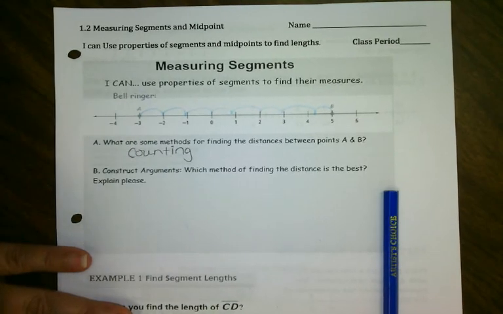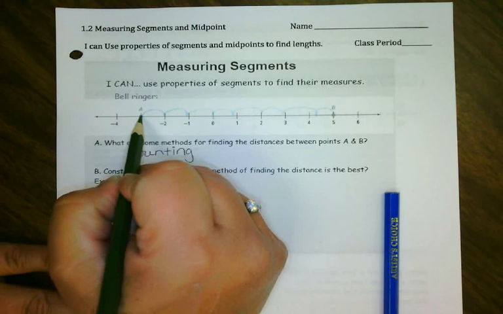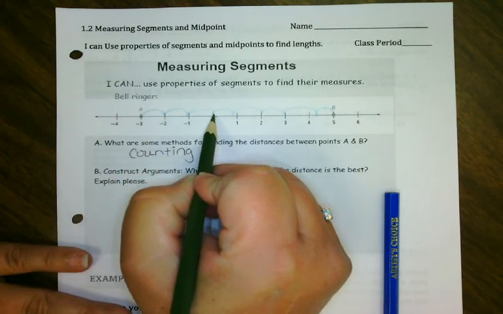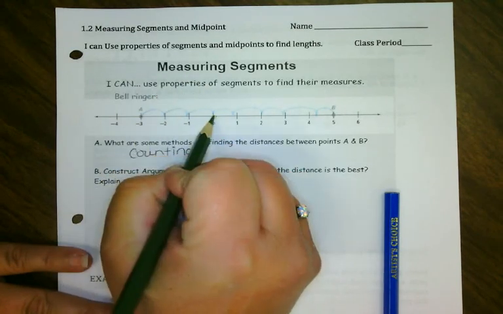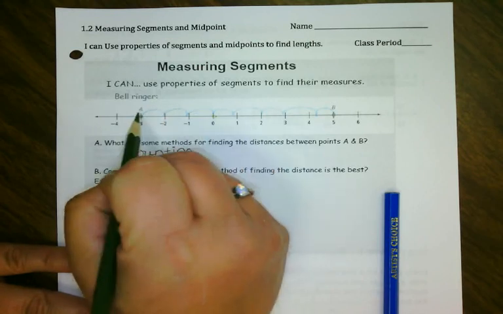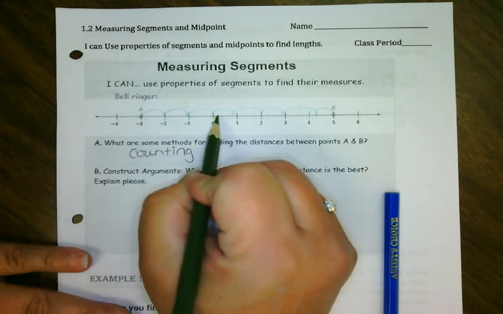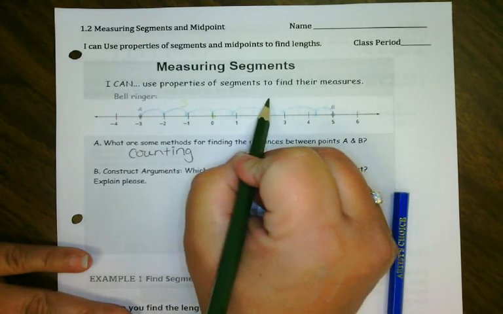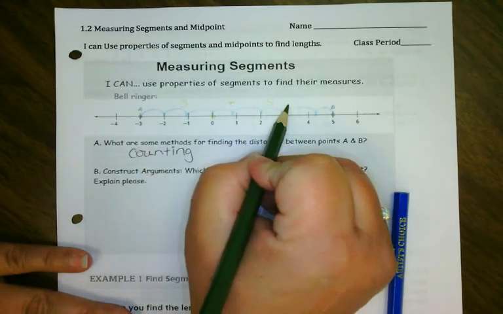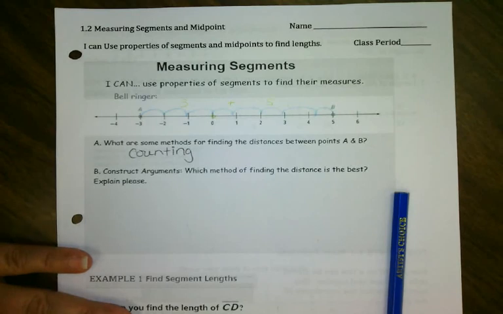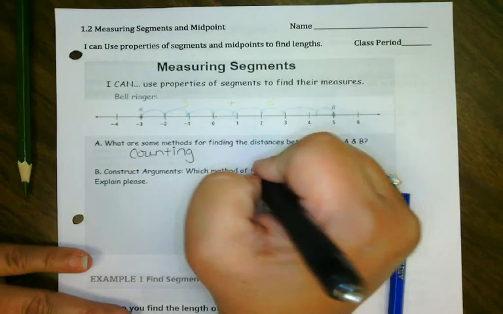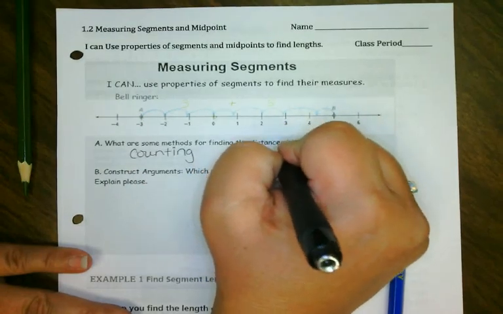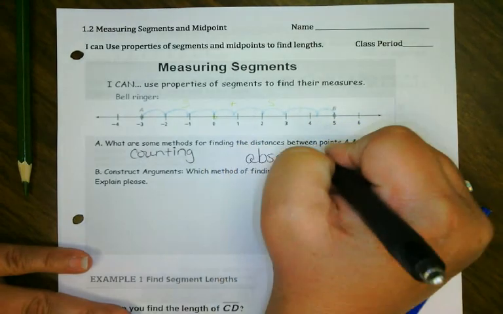And one of my students talked about the fact that he moved A to 0 because that's its absolute value. It's 3 spaces away. Then he added the 5, which B is 5 spaces away. So when he performed that, 3 plus 5, he used a method of absolute value.